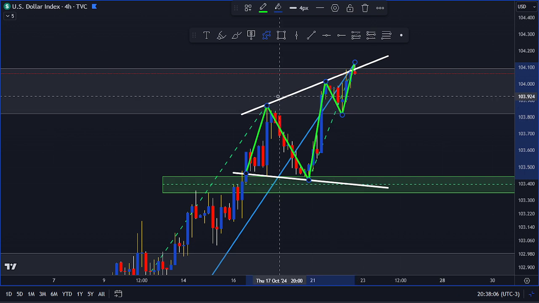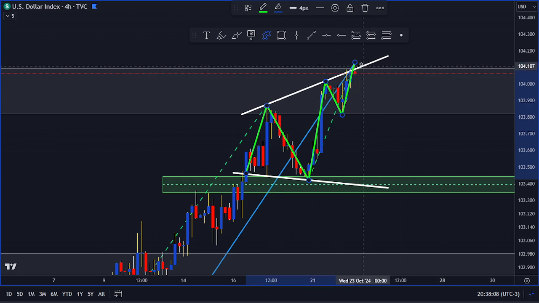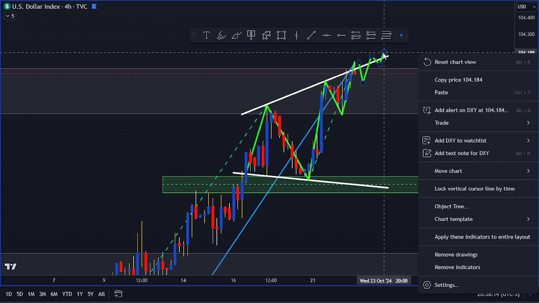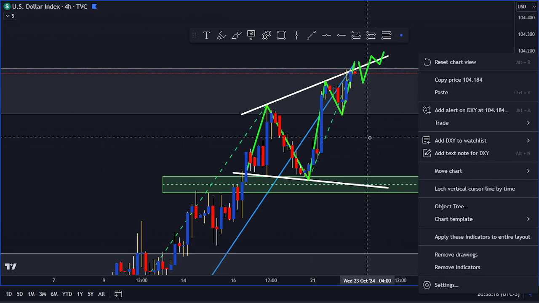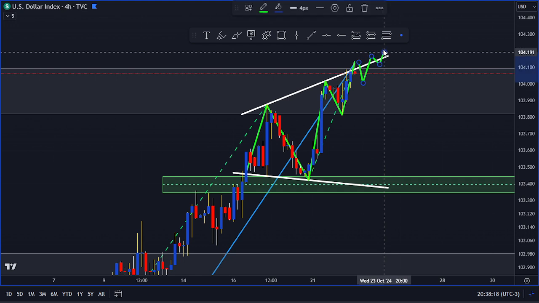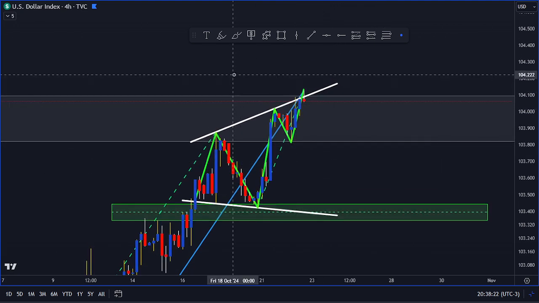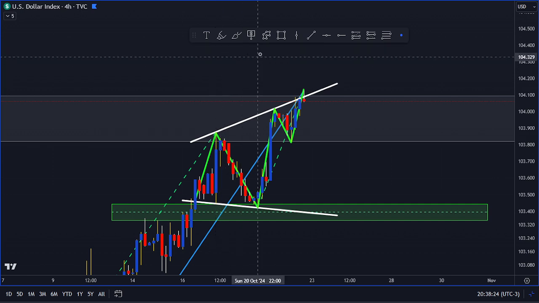So in no time, if we are not careful, we might think this market is going to go all the way up. We might think it's going to continue its way up, but for me, I'm looking at this market selling. But at the same time, the market on the dollar index is very, very tricky.